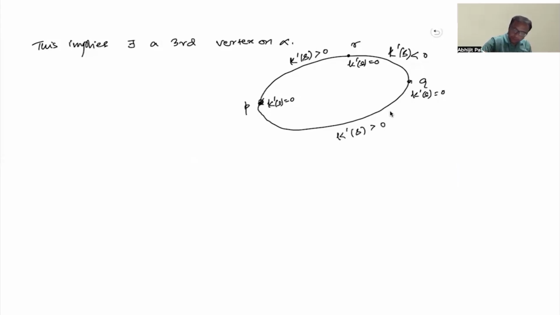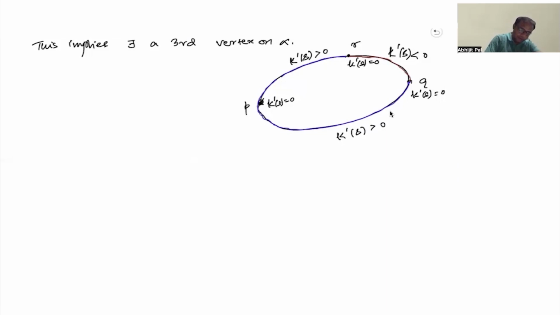Okay, so now observe that in this whole subsegment from R to Q, in this part k prime s is greater than or equal to 0, and in this part k prime s is less than 0. Okay, all right.